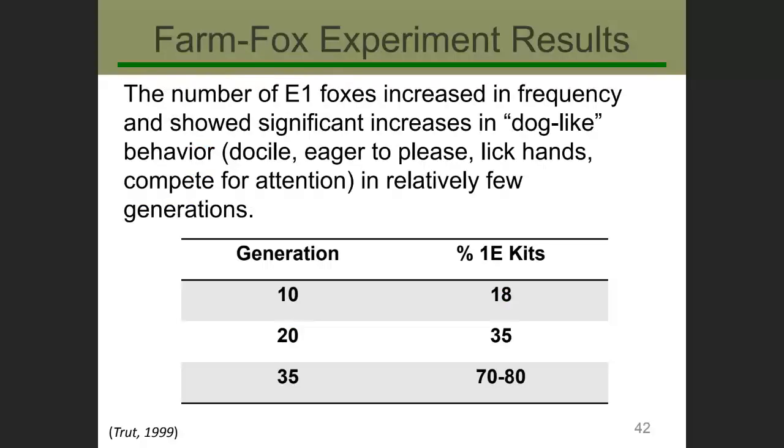And the number of those friendly foxes increased in frequency over generations because he kept breeding the friendly ones. And they increased some other dog-like behaviors. They started licking hands, competing for attention with humans, rolling over for tummy rubs. All of those things started happening. By 35 generations, he had 70 to 80% of them showing these really dog-like behaviors.